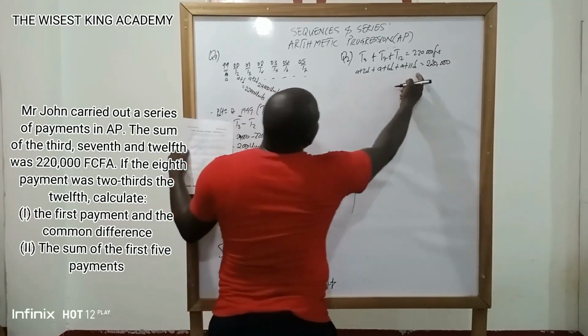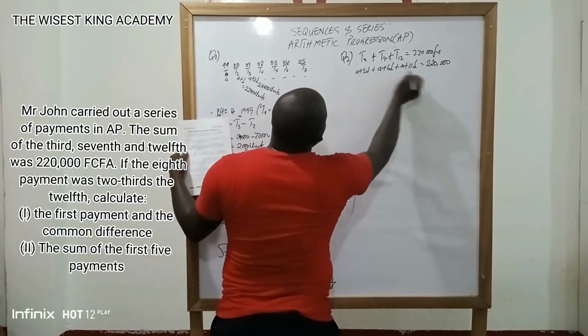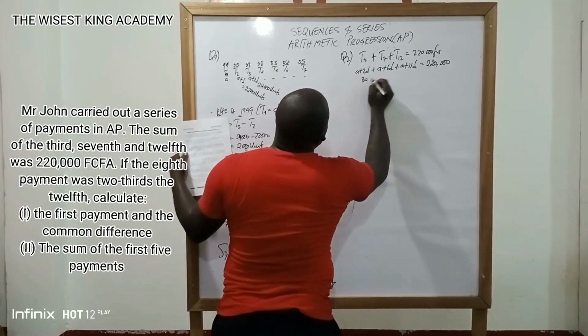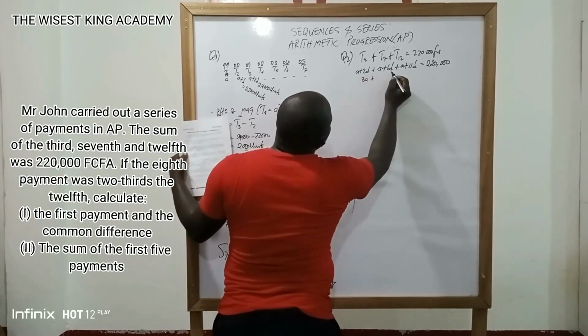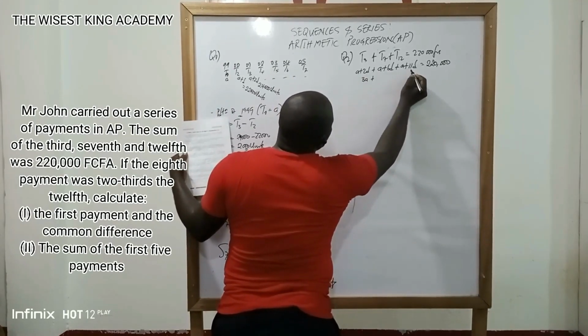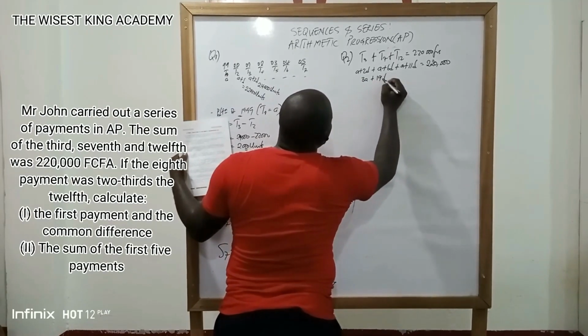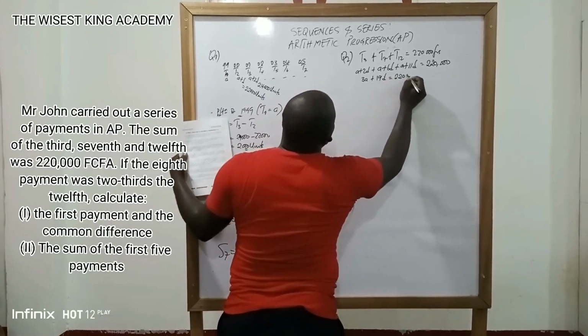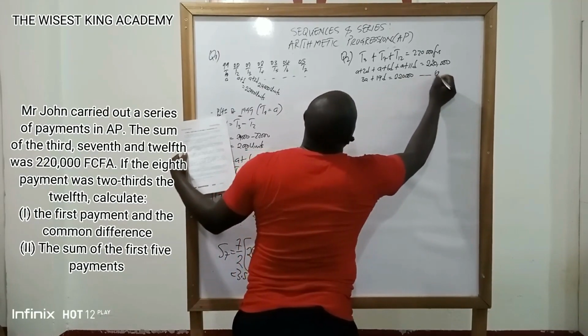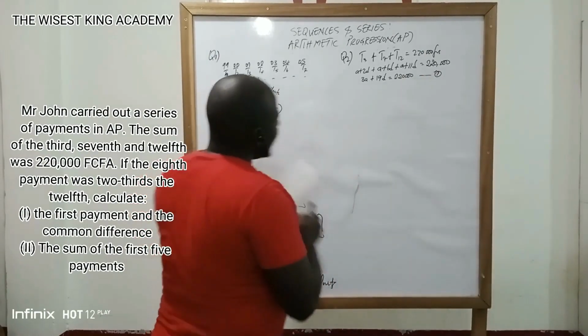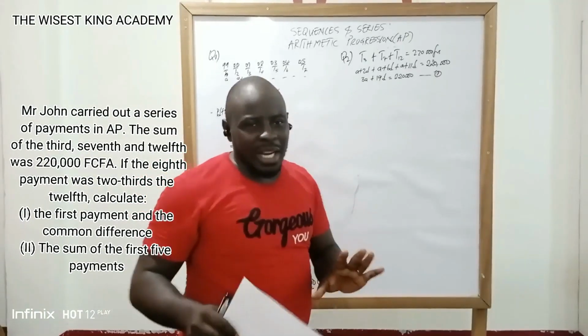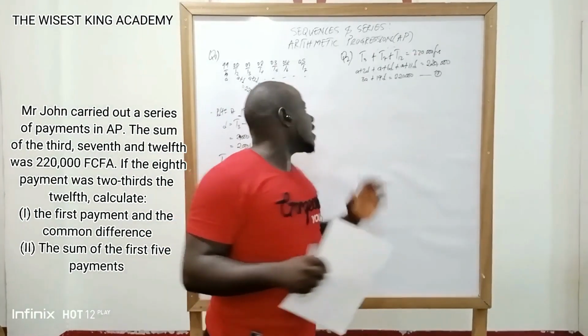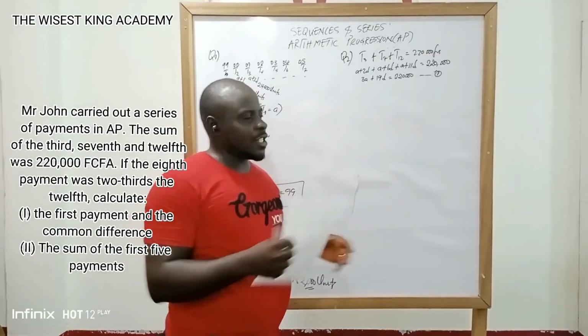So if I summarize, A plus A plus A is 3A, 2D plus 6D plus 11D is 19D, so 3A plus 19D equals 220,000. This is my equation number 1. Remember, anything you're doing leads you to calculate the common difference and the first term.